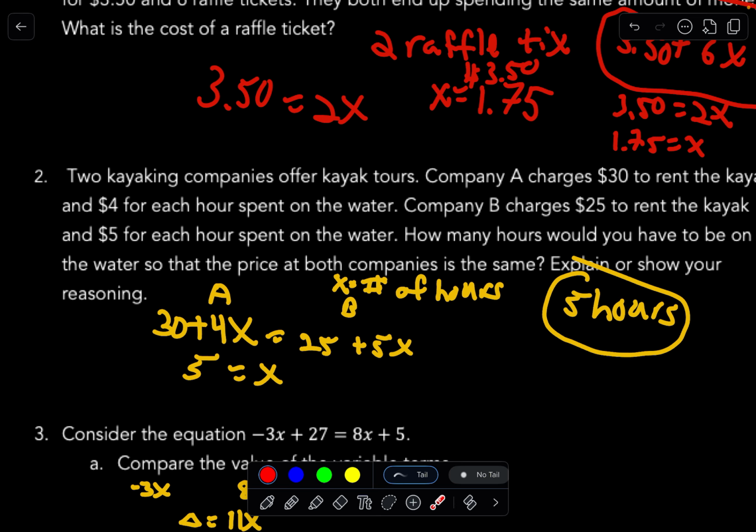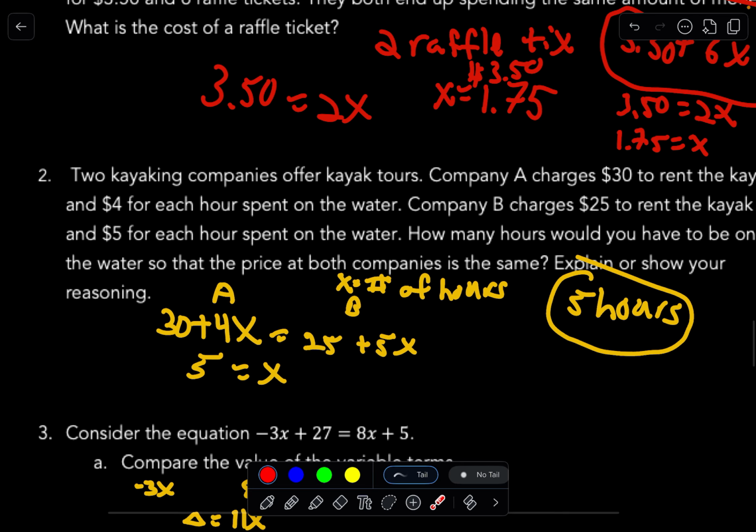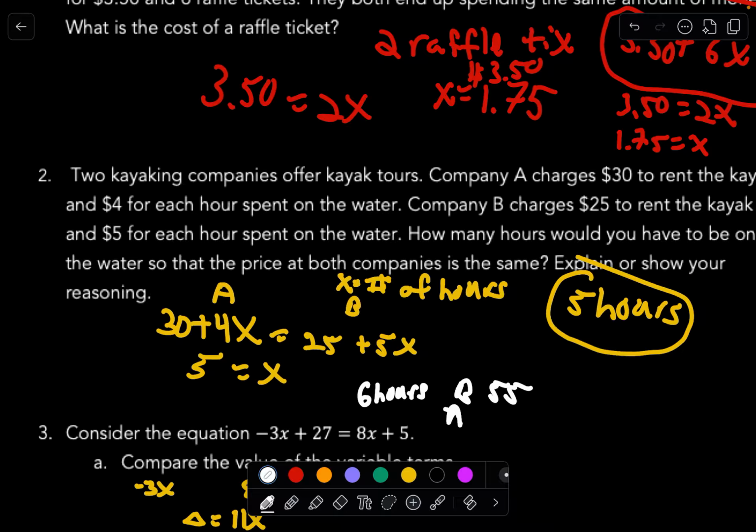Which would be more expensive after 5 hours? So let's say 6 hours. This is not part of the question. For 6 hours, B would be 30 plus 25 is $55, and A would be 4 times 6 is 24, so 30 plus 24 is $54.